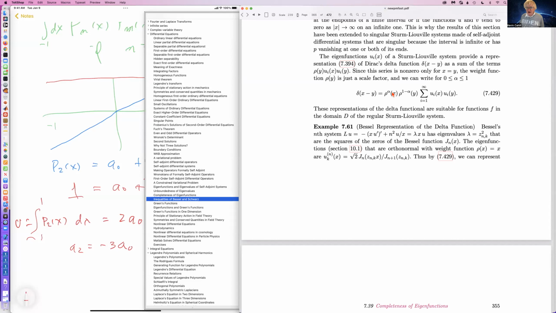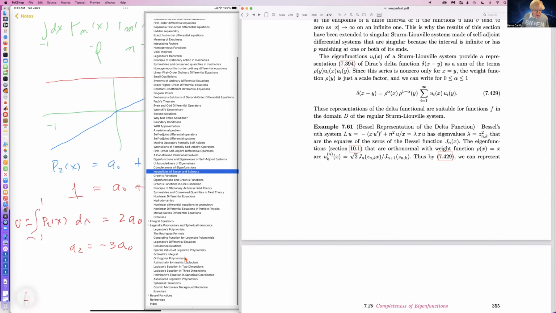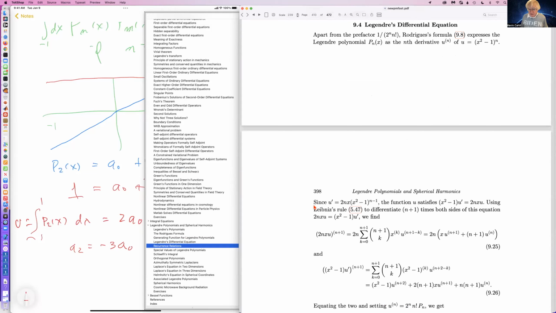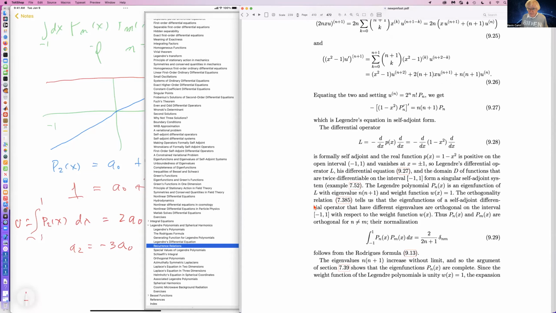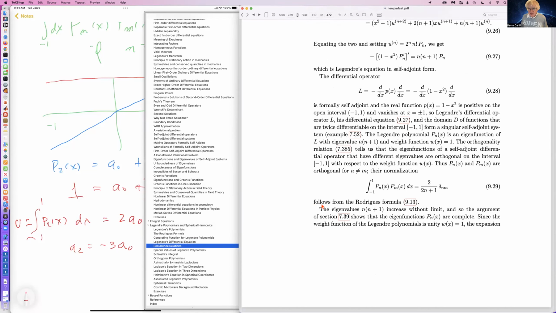So what you have is the weight function at two different points, and so in order to find the weight function, you need to know what Legendre's equation is in self-adjoint form. And so if we go back to here, there's rho here.